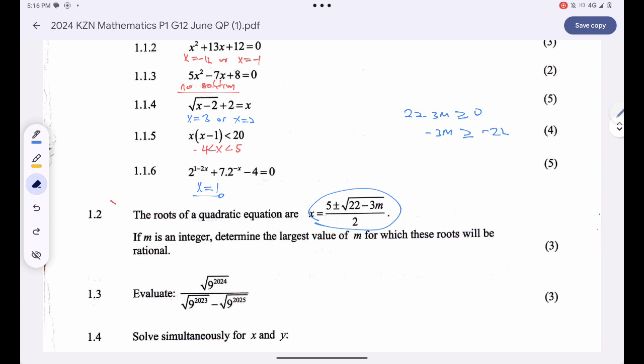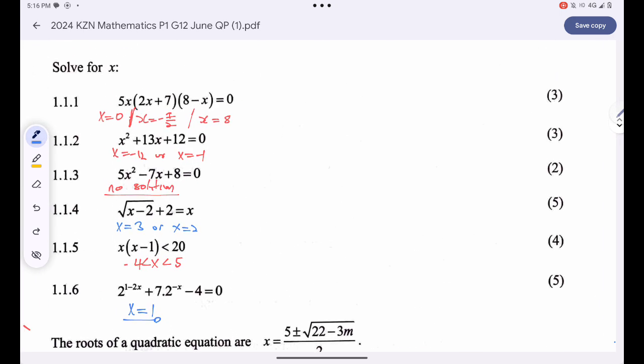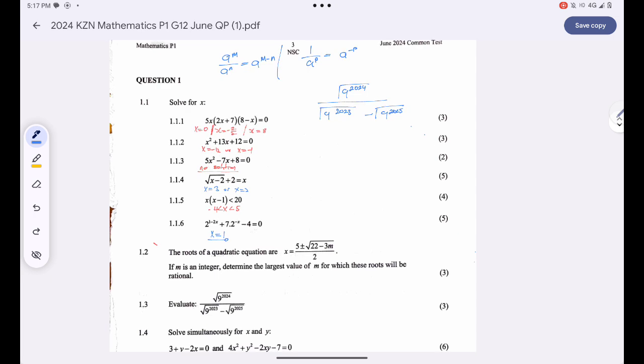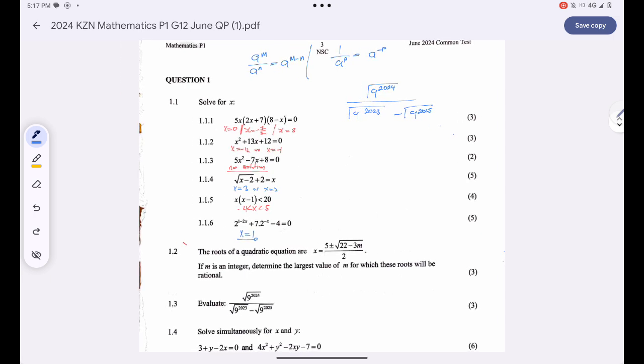1.3, I'm supposed to evaluate that expression over there. The trick over here, guys, is to make every term have the same exponent. I'm given the square root of 9 to the power 2024 all over the square root of 9 to the power 2023 minus the square root of 9 to the power 2025. Let me confirm: 2024, 23, 25.